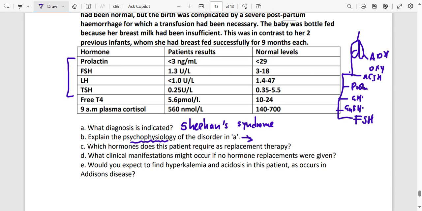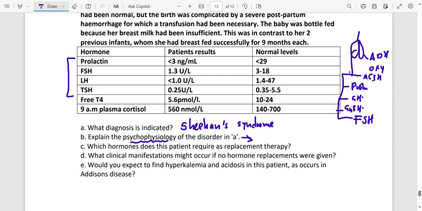Oh, so I was adding to what the doc said. I was saying there is the low blood supply because of loss. There is postpartum hemorrhage. That means that someone has got little blood. So that little blood is going to lead to shock. So there's going to be hypovolemic shock.